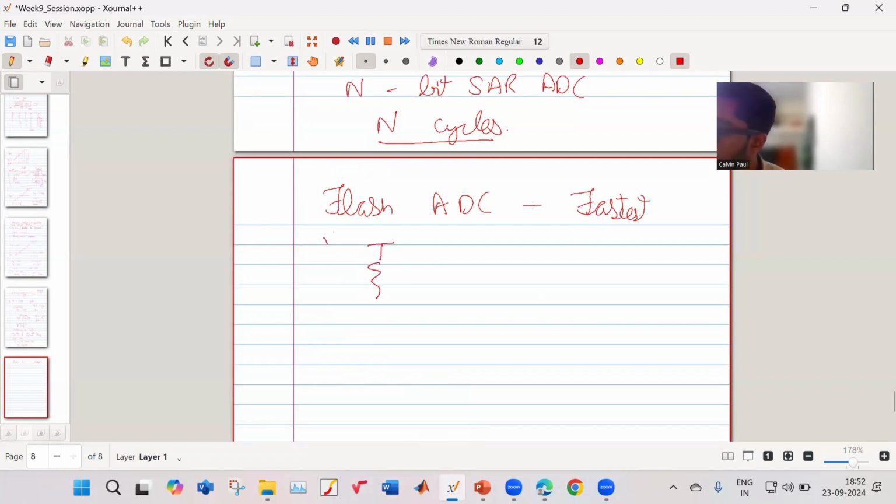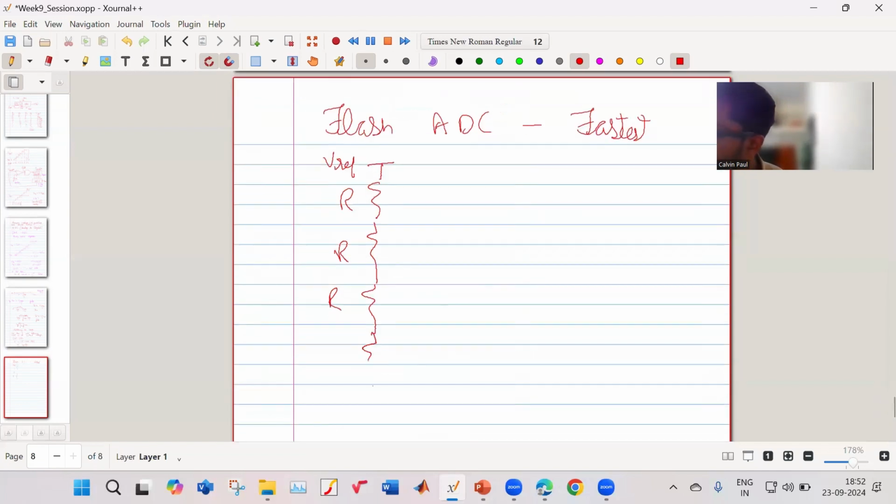there's a VREF, there's R, let us consider the 2-bit case, R, and R, and this is your ground. So at this point, what will be the potential? What will be the voltage?